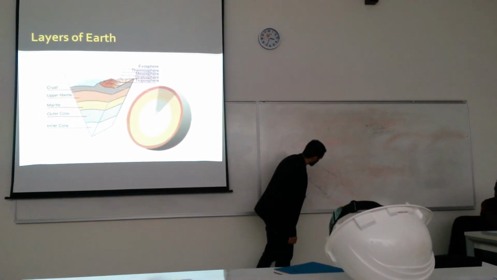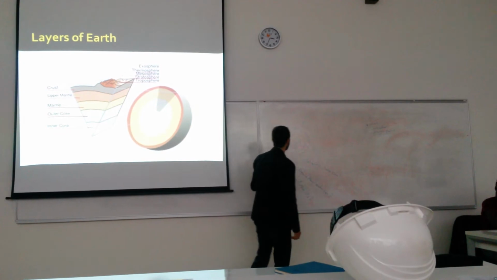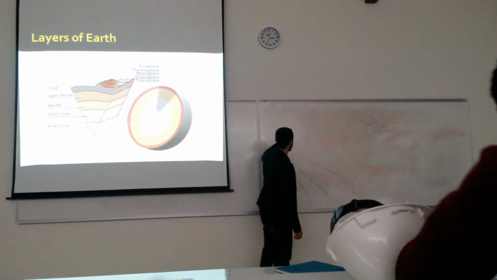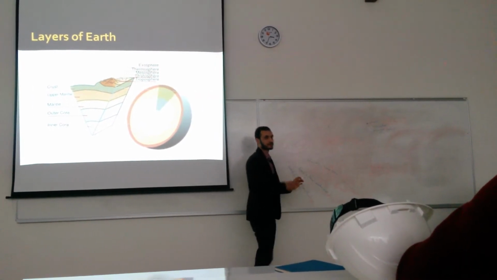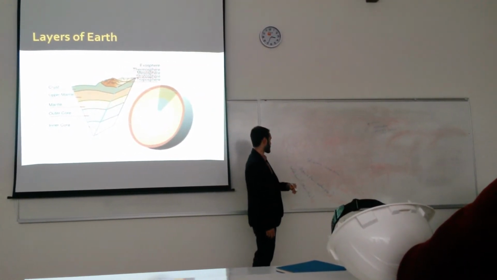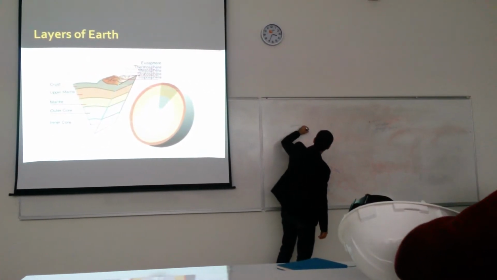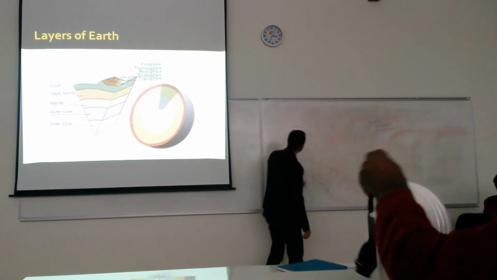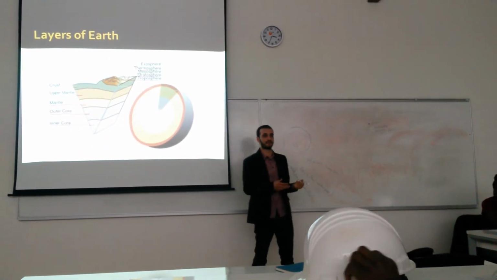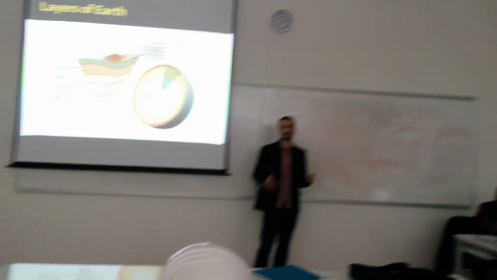According to some books I read, according to some research, I can divide the mantle into two layers, the lower layer and the upper layer. And this one is my crust, which I draw like this. I mean the surface of the earth. It can be my sea, my ocean, my soil, a mountain.